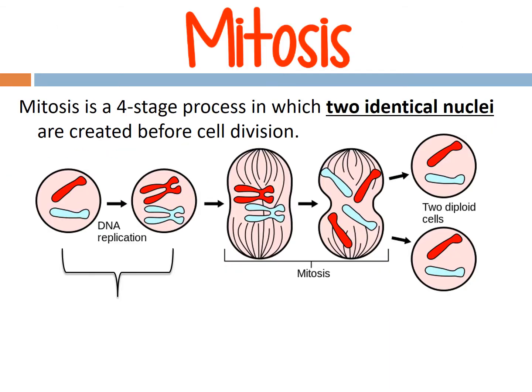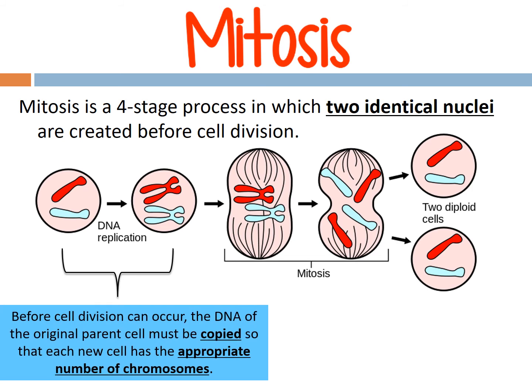Okay, so now that we have gone over the basic definitions of what mitosis and meiosis are, we're going to actually go into each phase. It's a four-stage process in which two identical nuclei are created before cell division. The DNA of the original parent must be copied so that each new cell has the appropriate number of chromosomes. If it doesn't, then something is going to go wrong.